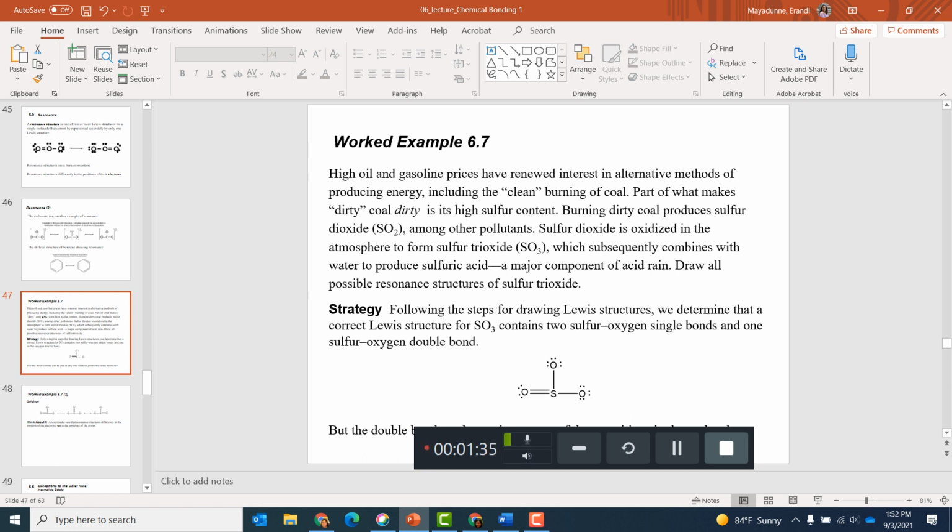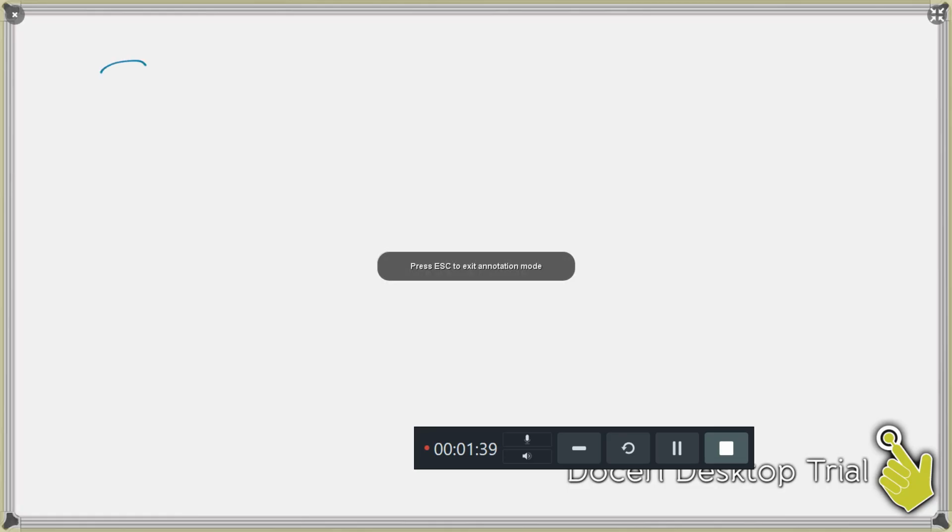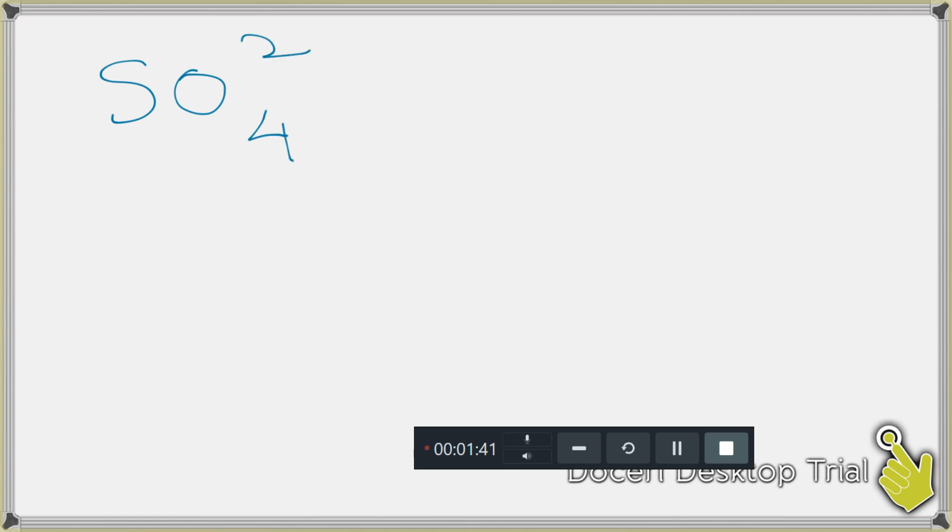So I have the sulfate. Let's see how we draw sulfate. First, I want to find the center atom, which is sulfur. So sulfur brings 6 electrons. Oxygen brings 6, 6 times 4 plus 2 because of this negative charge. 6 times 4 is 24 plus 6, 32.